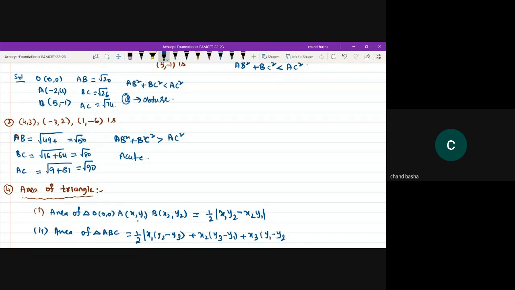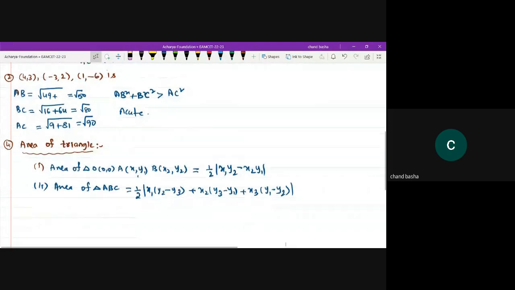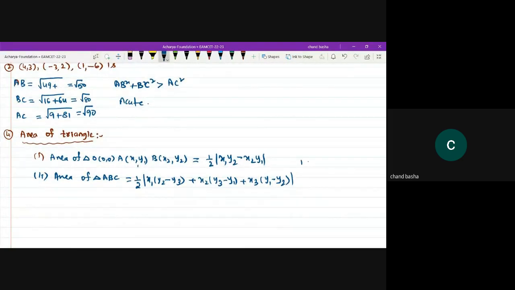This is the general formula. Sometimes we may get confused about which one is first and which is second. At that time, you can make use of the determinant formula also. Look at the suffix values: 1, 2, 3, then 2, 3, 1, then 3, 1, 2. You can rotate them in cyclic order and you will get the required formula.